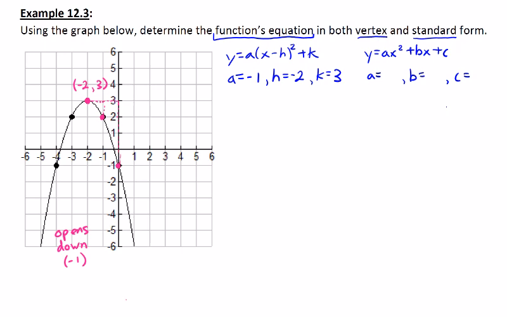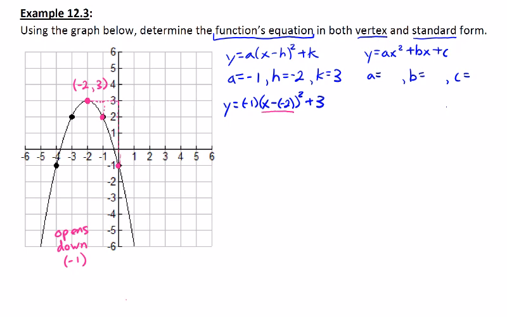Take a, h, and k and then plug them into the equation. It's going to say y equals -1 times (x minus -2) squared plus 3. Now inside the parentheses, we do have this x minus -2.